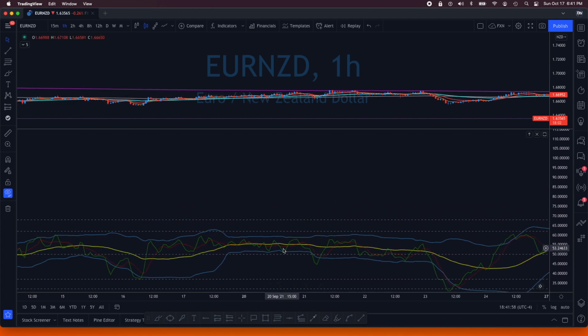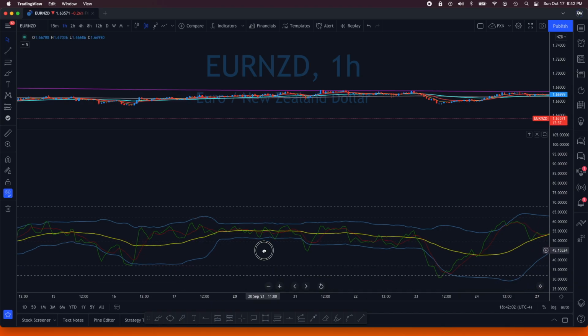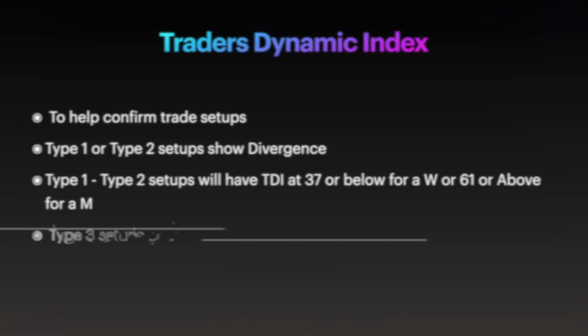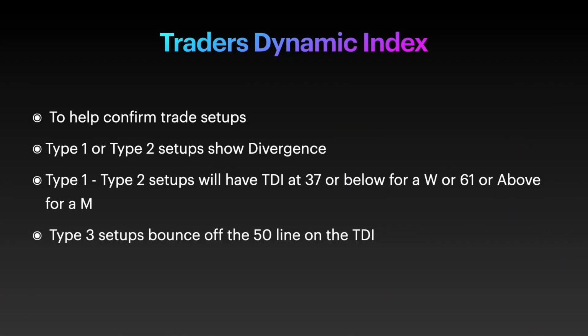So it's bouncing off the 50 like this for a buy. So for a buy it's above the 50 obviously, and for a sell it's below the 50, bouncing off of it. Okay. What I just talked about, type 3 setups bounce off the 50 line on the TDI.